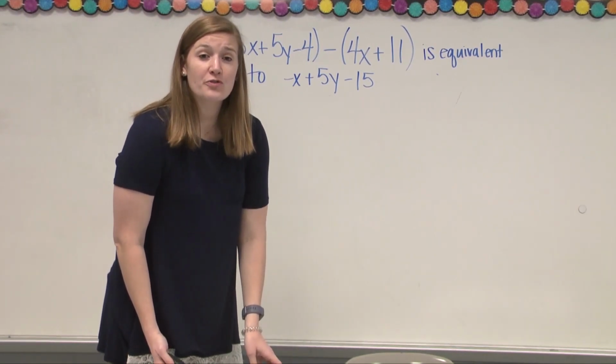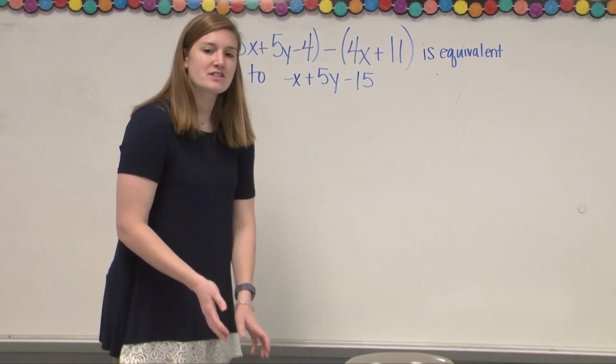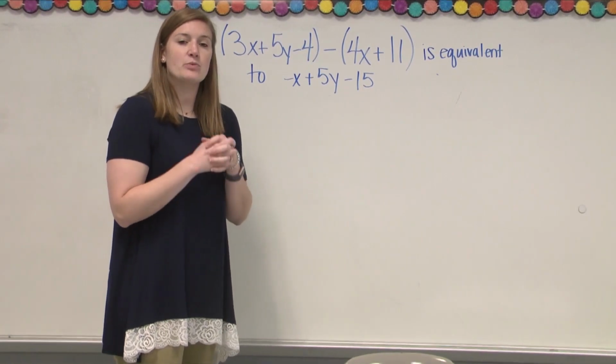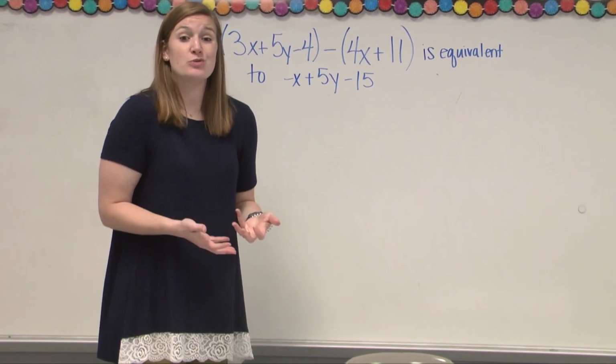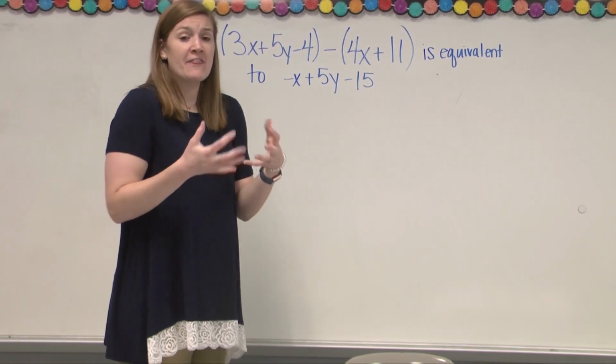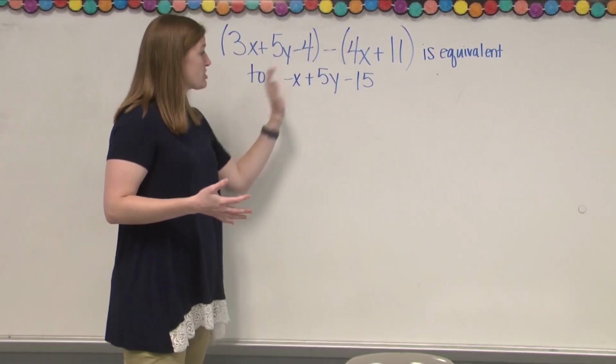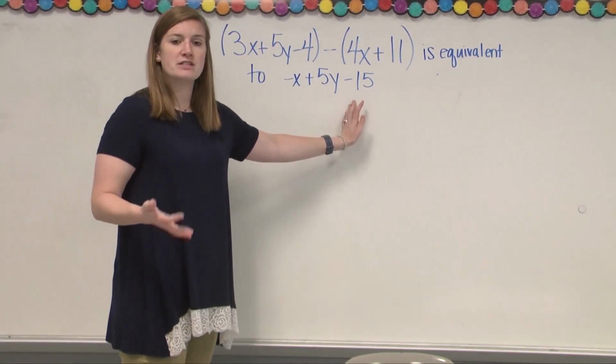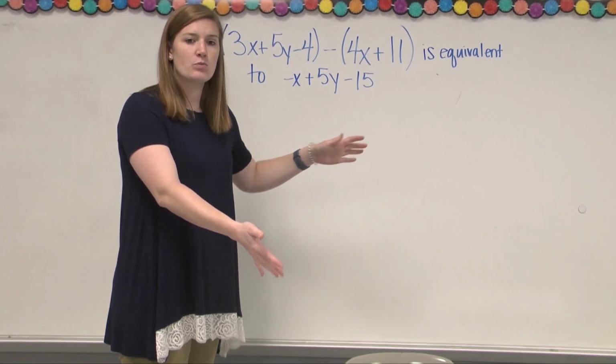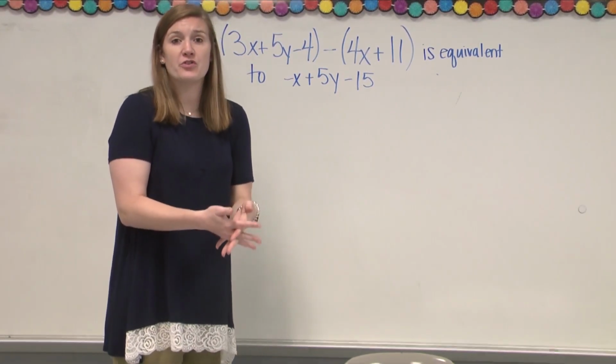If you'll recall from lesson 2, we chose numbers for x and y, and then we evaluated the expressions using those numbers. So if we get the same results for this expression and this expression when we choose numbers to substitute, then we'll know that those two are equivalent to one another.